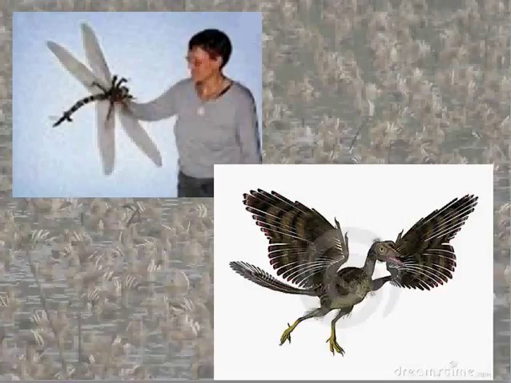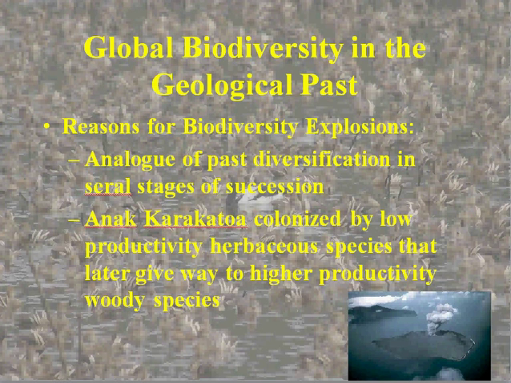that particular niche. We can see an analogue of this in the different stages of succession. If we look at a place like Anak Krakatoa, a picture of it down here, it's a small volcanic island which resulted from the explosion of Krakatoa, a larger island, back in the 1800s.